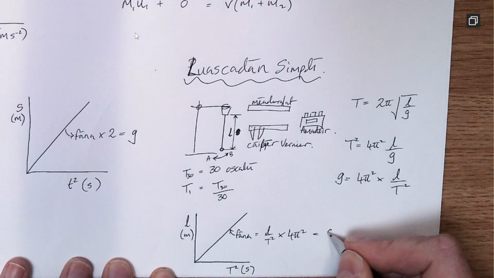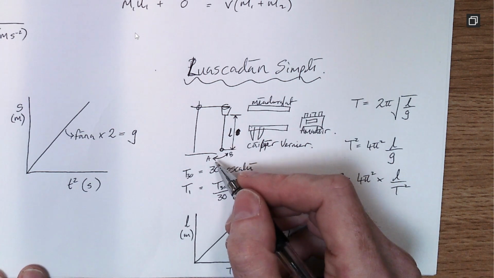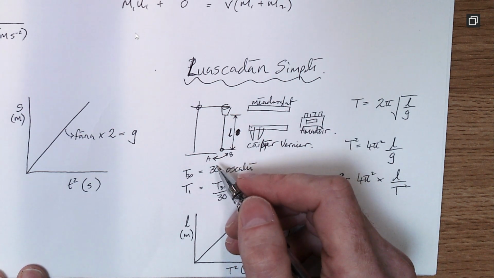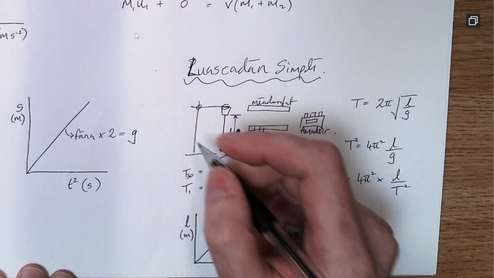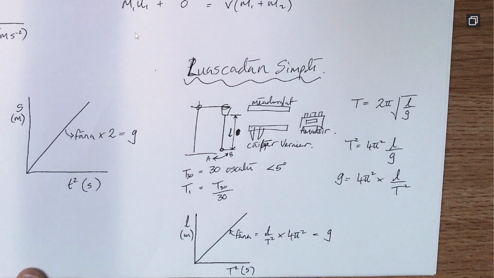So g equals the gradient times 4 pi squared, the acceleration due to gravity. Also, make sure the swing angle is less than 5 degrees, otherwise the oscillation is not simple harmonic.